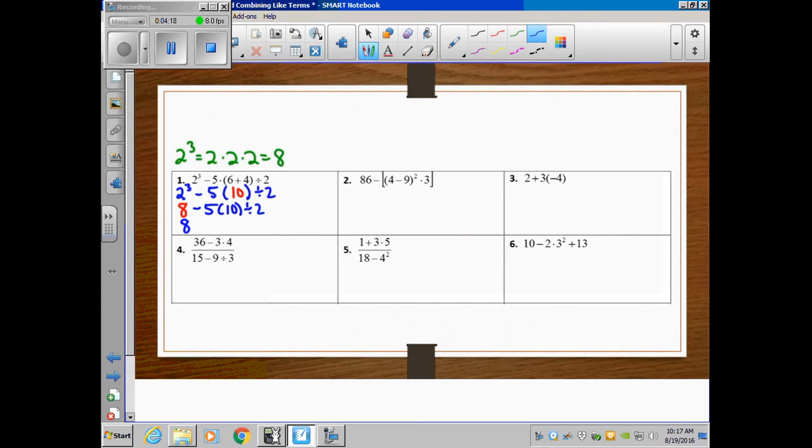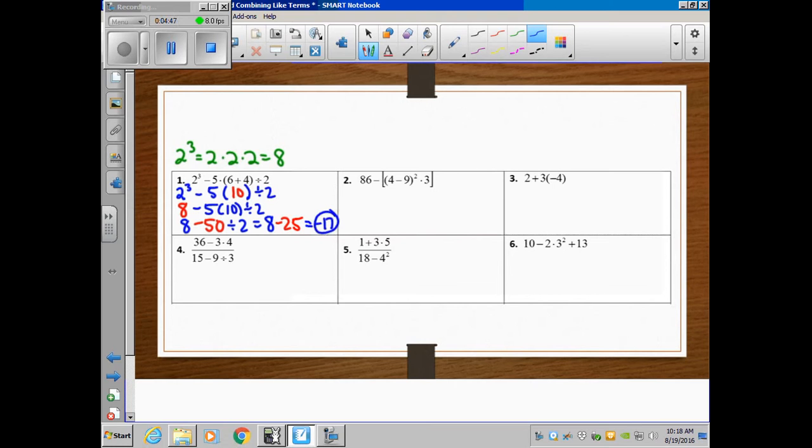So I have 8, negative 5 times 10 is negative 50. And then I have divided by 2. So 8, and then I have the division of negative 50 divided by 2, which is negative 25. And now I'm ready for the final step, which is subtraction. 8 minus 25 is negative 17.